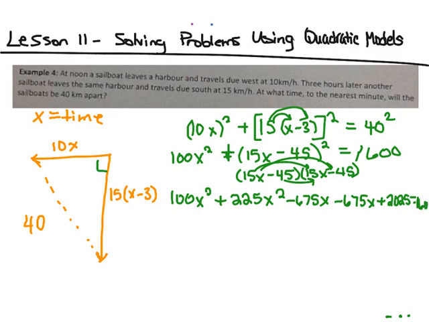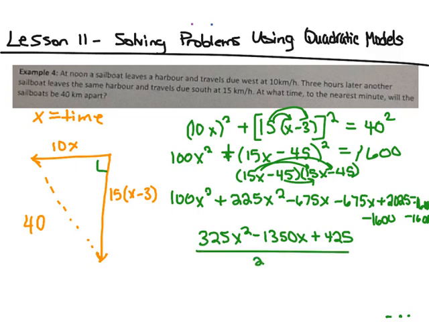So we're going to minus 1600 from both sides, and we're going to simplify, and we should simplify it to 325x squared minus 1350x plus 425. And we want to simplify this a little bit further so that we can use the quadratic formula. So we're going to divide everything by 25. So we should get 13x squared minus 54x plus 17 is equal to 0.